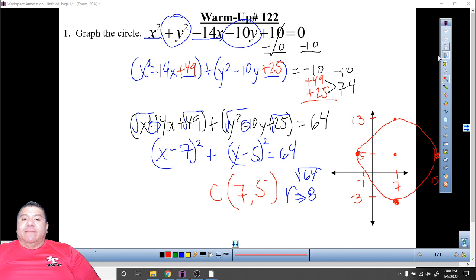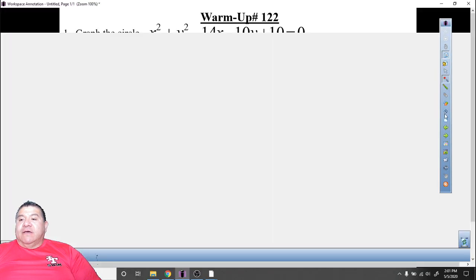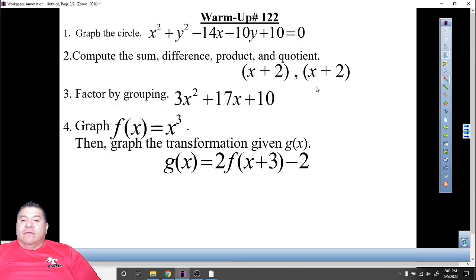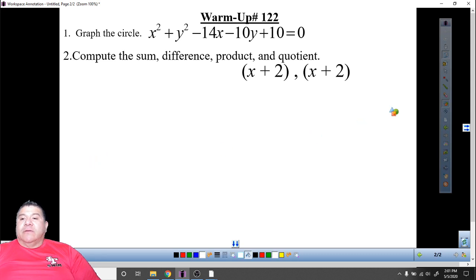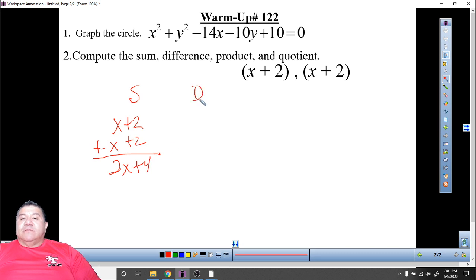Let's move on. Number 2, find the sum, difference, product, and quotient of those two expressions. Here it goes. So our sum is x plus 2 plus x plus 2, so that is 2x plus 4. Difference, x plus 2 minus x plus 2.